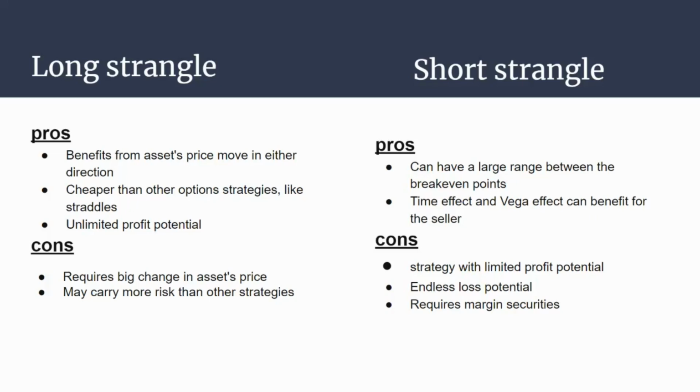But when you're buying a long strangle and buying those options out of the money, for sure you're going to pay less. And the best thing about this strategy is that you have unlimited profit potential, because if the market skyrockets or crashes, you're going to make even more money. That's a good thing. Now, the cons: it may carry more risk than other strategies.